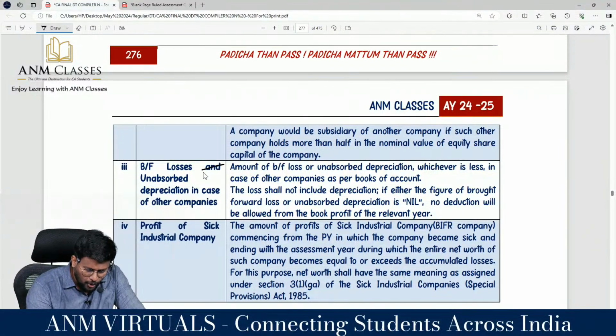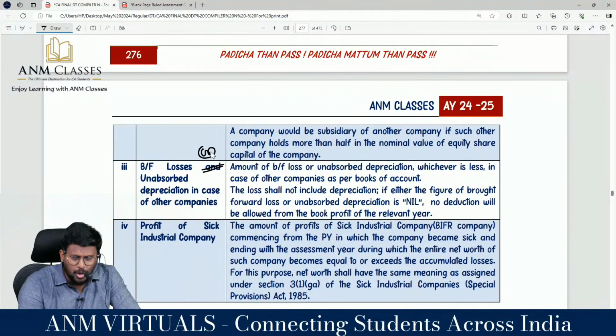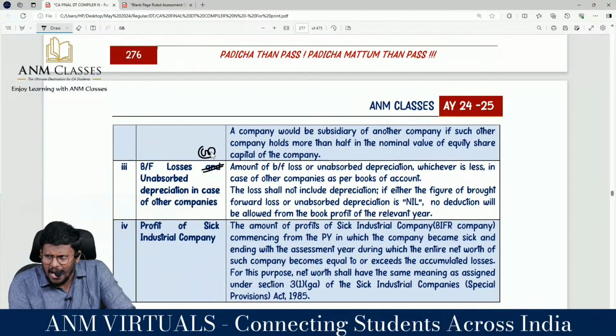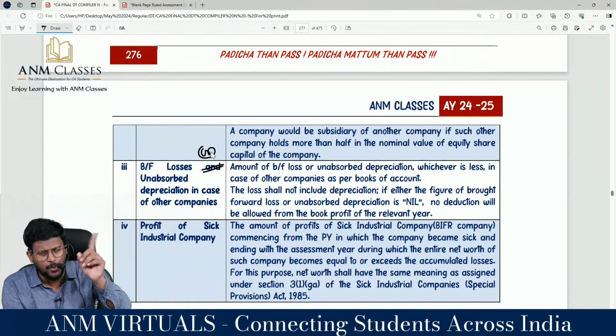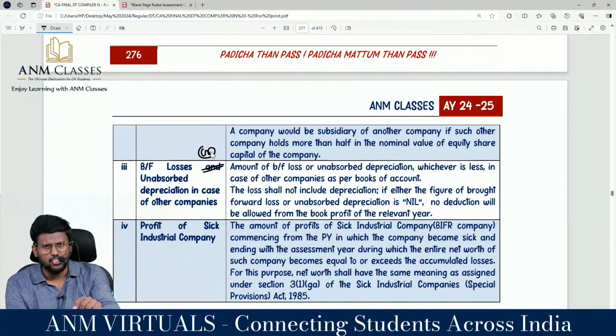Whereas brought forward business loss or unabsorbed depreciation in case of other company, a normal company whose directors have not been changed or which has not applied for corporate insolvency, either the brought forward business loss or unabsorbed depreciation as per books can be reduced, because they are having life.